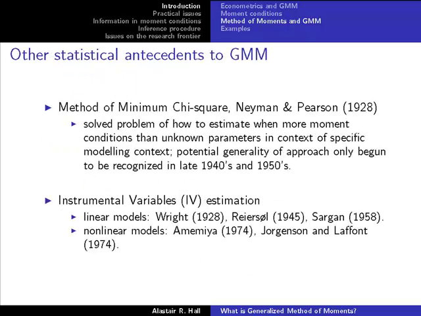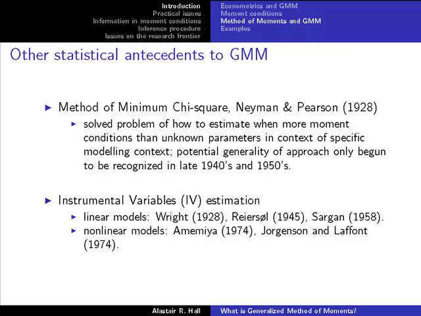Before going on to elaborate on the method, it might be useful to touch on a couple of other estimation methods that are very closely related to this. Chief among those are the method of minimum chi-squared and instrumental variables. Method of minimum chi-squared bears a lot of similarities to generalized method of moments. It was originally proposed by Neyman and Pearson back in 1928.